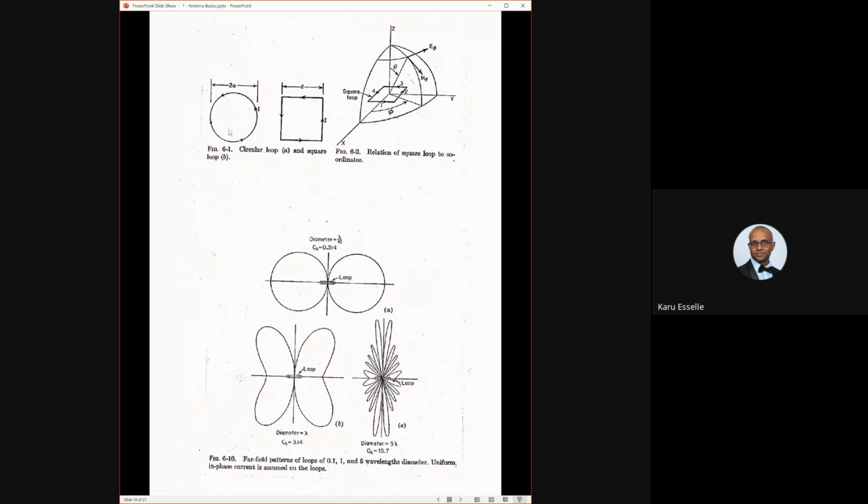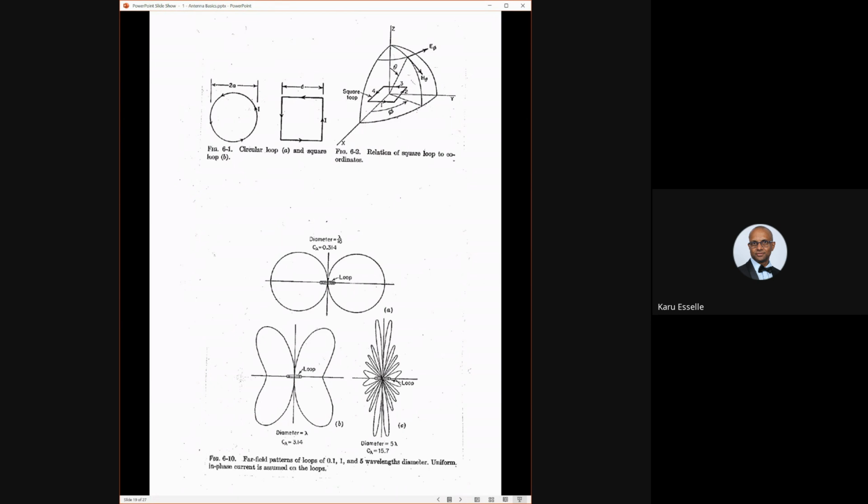So circular loops, square loops have radiation patterns that are similar to a dipole when the loop is very small. This is a very small loop, like the diameter is lambda divided by 10. Not a very efficient antenna.